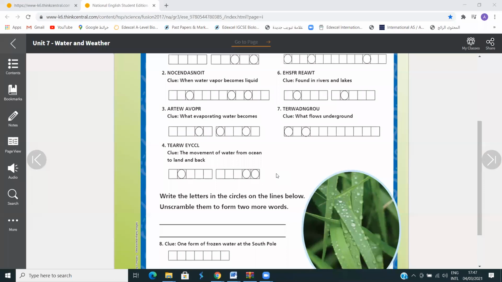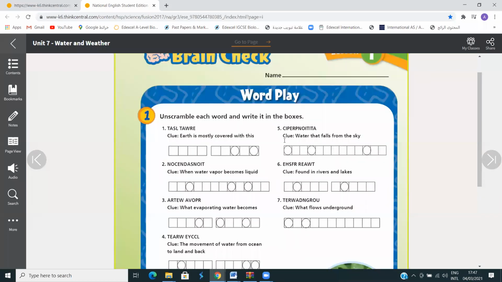Number 5. The clue: water that falls from the sky. Precipitation.